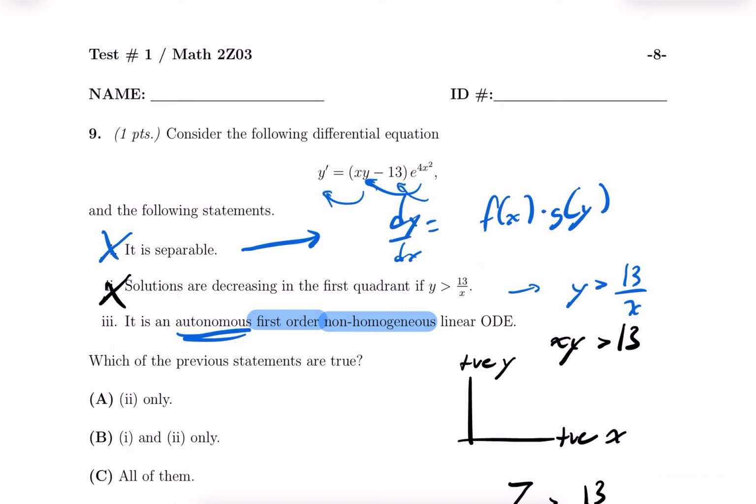Bro, I hate it when people make math so complicated for no reason. Okay, in mathematics, an autonomous system is a system of ordinary differential equations which does not explicitly depend on the independent variable.